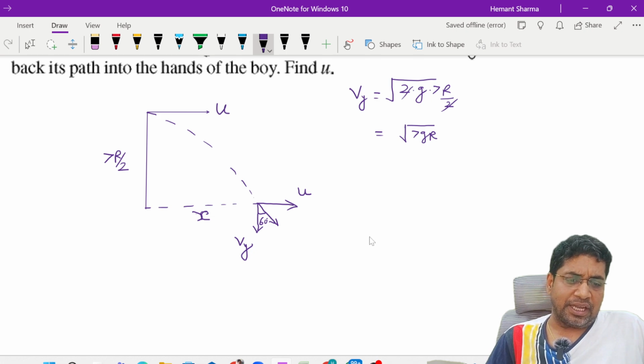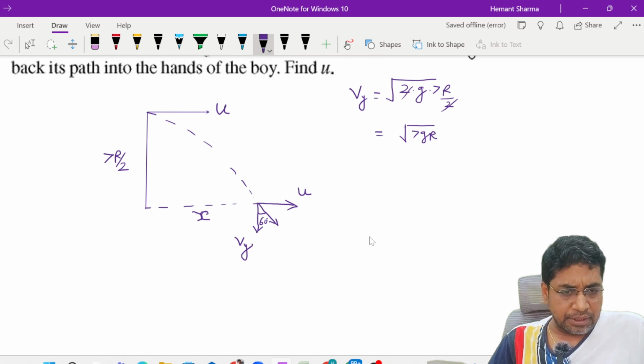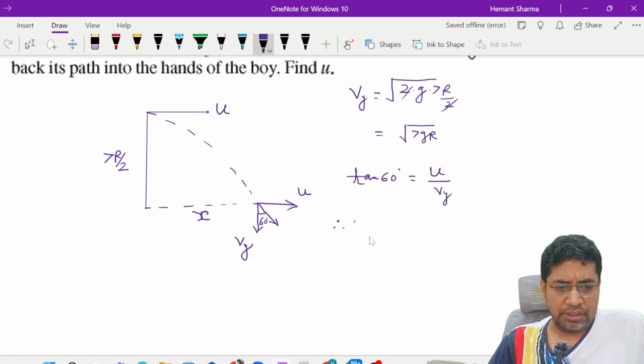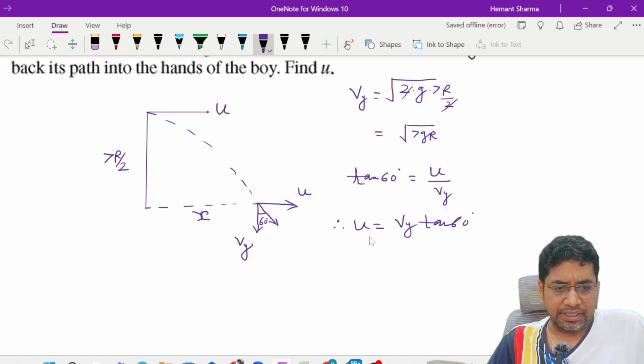Now in this vector diagram, since Vy is under root 7gr, tan 60 degree, we can write it as tan theta, p by b. So this is u upon Vy. So the u which is required to be calculated is Vy into tan 60 degree.